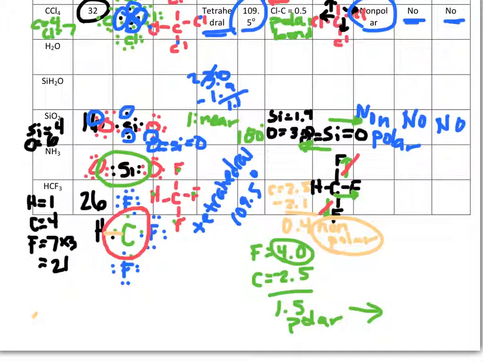No. We don't have equal and opposite when we're looking at left and right. So if we don't have equal and opposite, that means we have a polar molecule. This side will be slightly negative because it's going to be attracted to those electrons more on that side. This side of the molecule would be slightly positive. It's a polar molecule, which means yes, it will dissolve in water, and yes, we will be able to smell it.